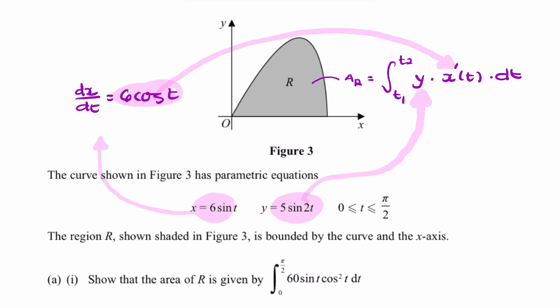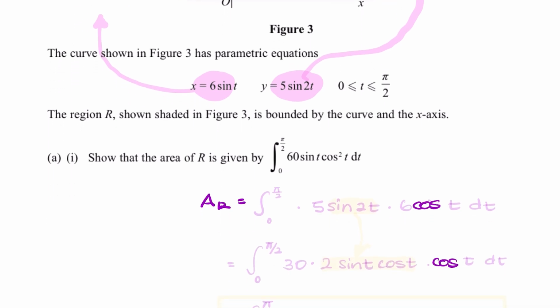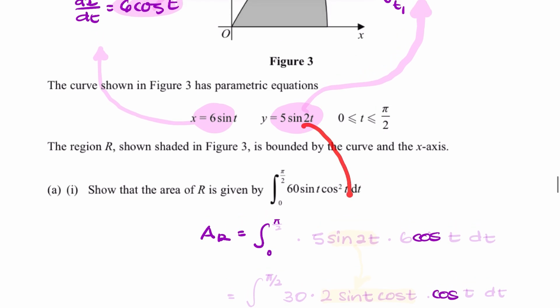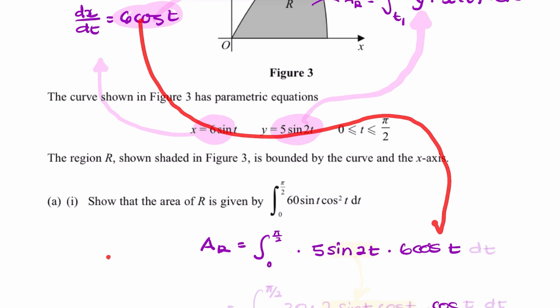So we can then say that the area of R is, it looks like T1 and T2 given in the question are 0 and pi over 2. And y is 5 sine 2t, and x is 6 sine t dt.